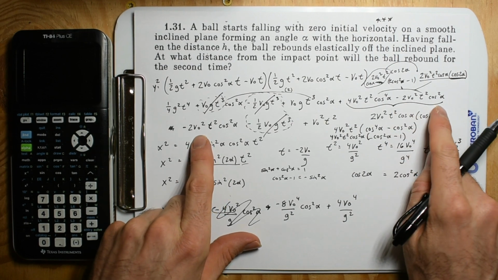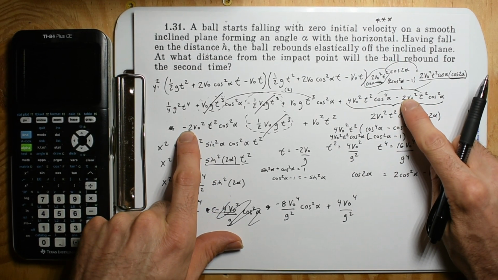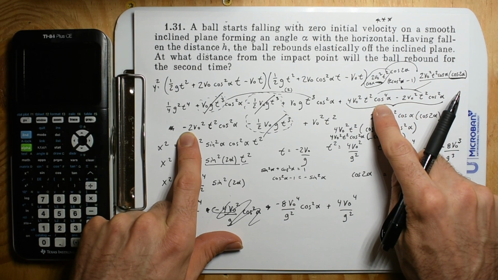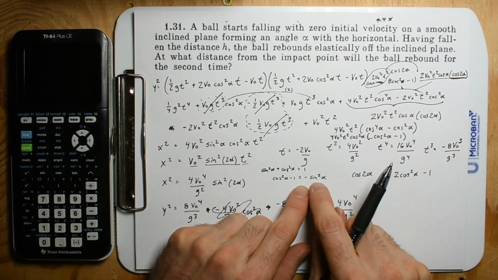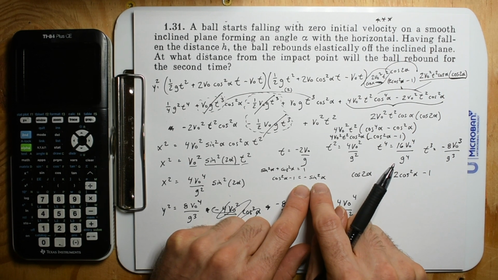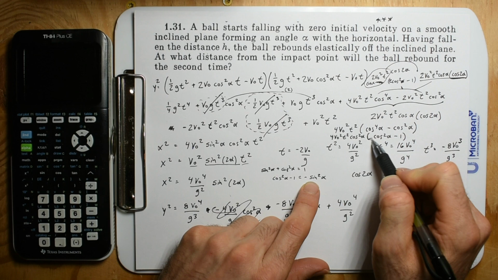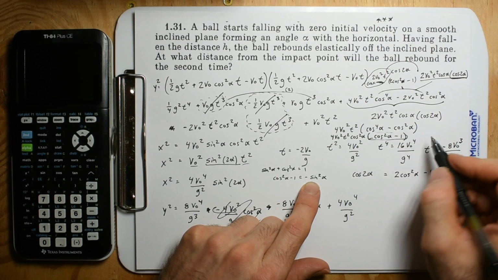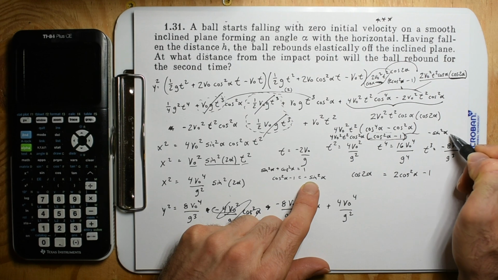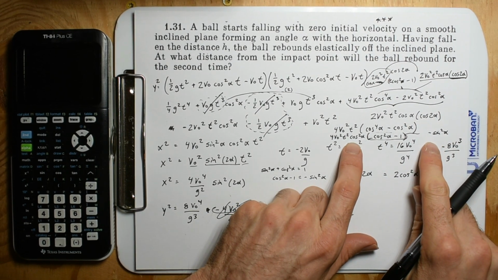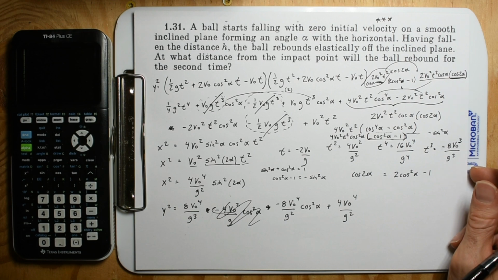At least we have the negative on here, and this is the one that's the positive. Okay, so sweet. This whole term right here can get replaced with negative sine squared alpha. So then we would have a cosine squared alpha times sine squared alpha.